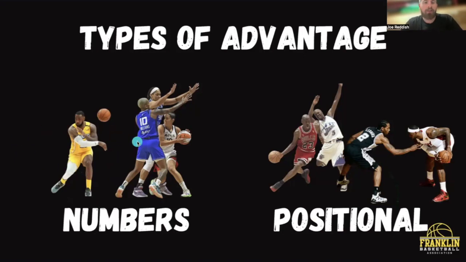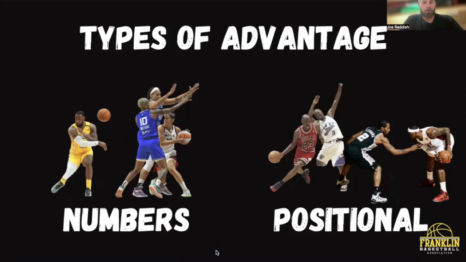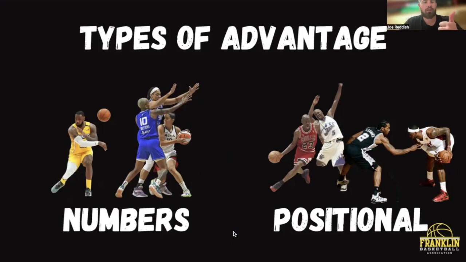Now, another type of advantage when it comes to numbers is two players on the ball. When two players guard one player, in this picture here, we're getting trapped. This could be both an offensive and defensive advantage. It could be a defensive advantage because if we pressure the ball handler without fouling, then they might turn it over.